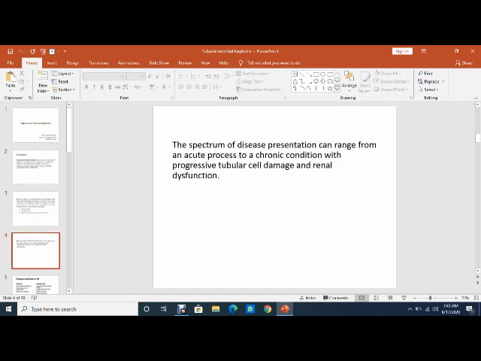So, the spectrum of the disease presentation can range from the acute process to chronic condition, with progressive tubular cell damage and renal dysfunction. So, presentation depends upon either acute or chronic. Patient can present with the acute phase or in the chronic phase.